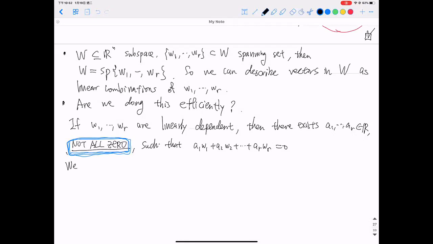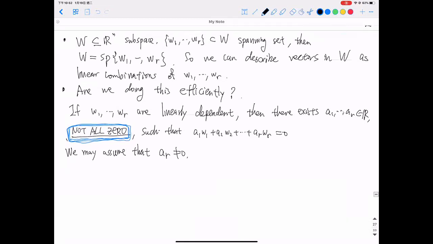Not being all 0 means that at least one of them is not 0. So we may assume that, for example, AR is not 0. Then we can solve for WR from above.